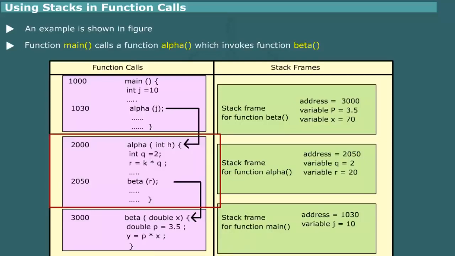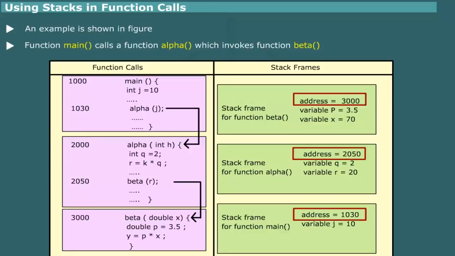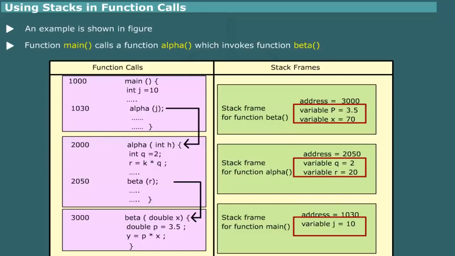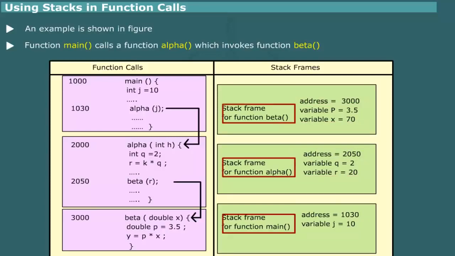When alpha has been executed, the control is transferred to main. At each stage, the values passed as arguments to the function, its address, and values of local variables are preserved in the stack frames. On backtracking, these are popped off the stack frames and returned to the calling function.